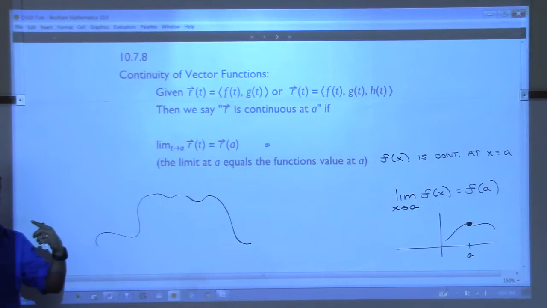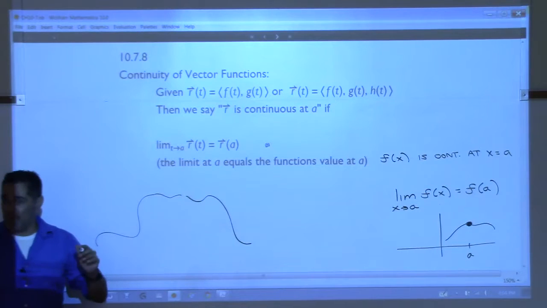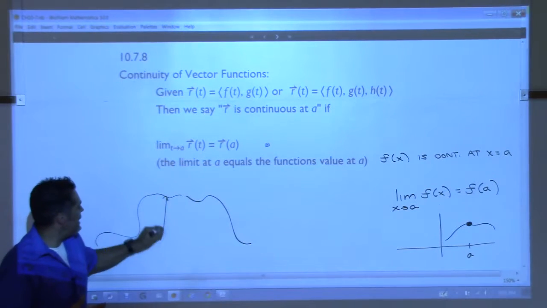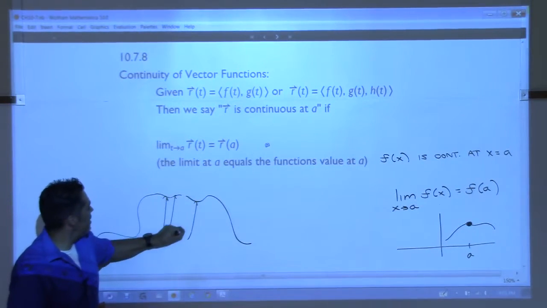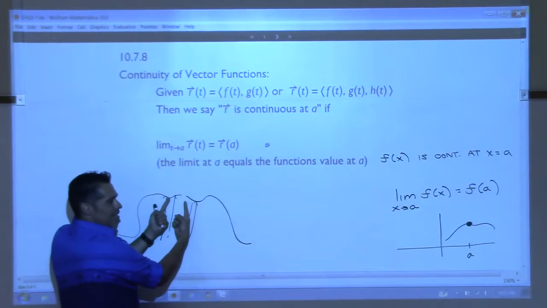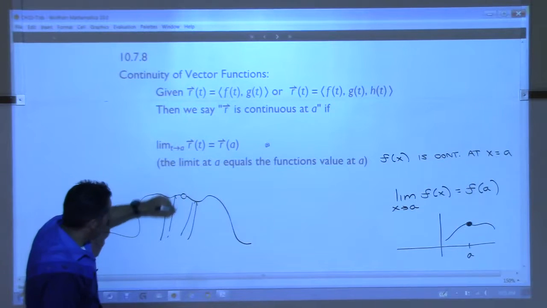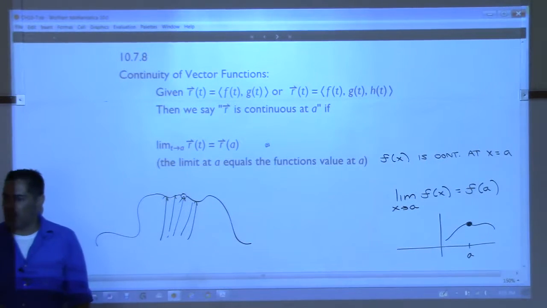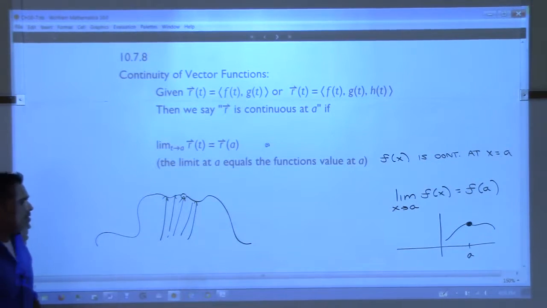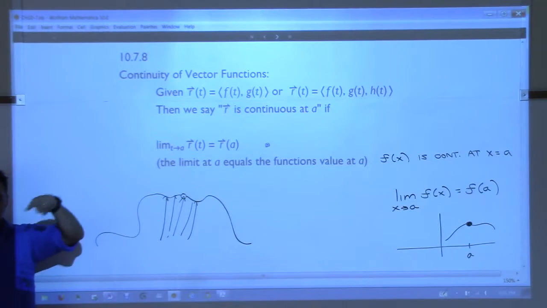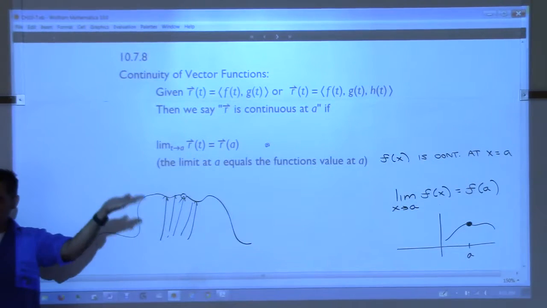But remember, our limit is a vector, right? So it's drawing these vectors that are pointing here, pointing here. So these vectors are trying to point to the same place, right? And then when we get there, we fill it in with the vector that is the value of the function. Just remember, when we're drawing these things, we're drawing curves, but we're drawing them with vectors, right?